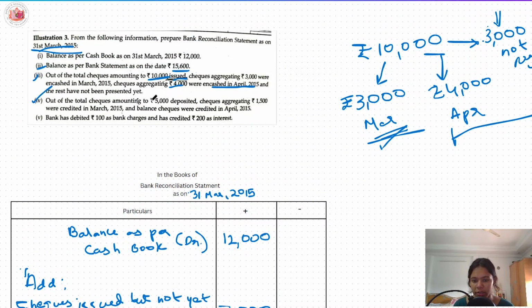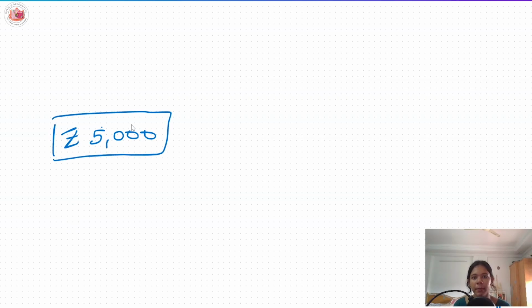Out of the total checks amounting to 5,000 deposited, checks aggregating rupees 1,500 were credited in March and the balance checks were credited in April. So what has happened in this case? I deposited checks worth rupees 5,000 in the bank.